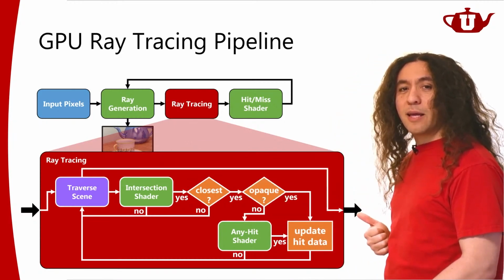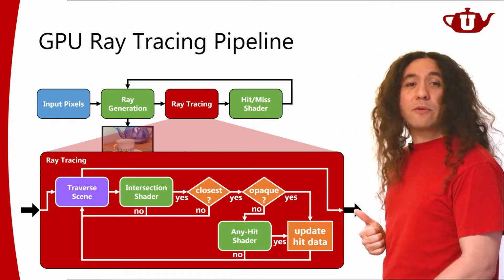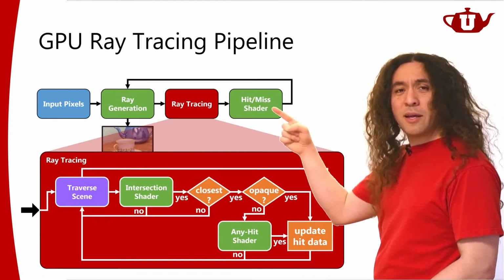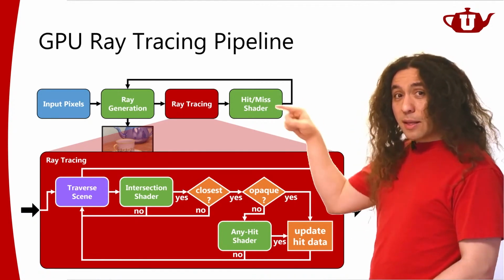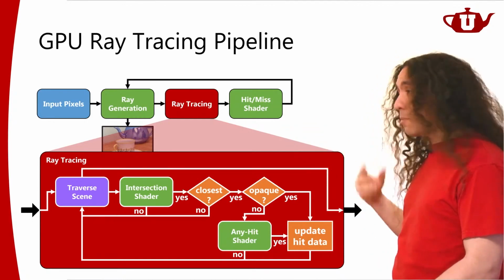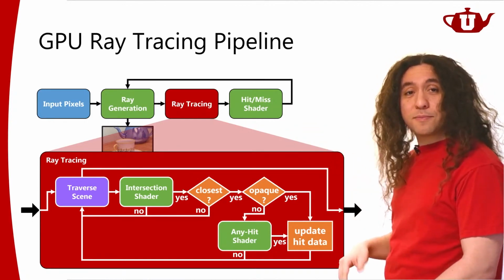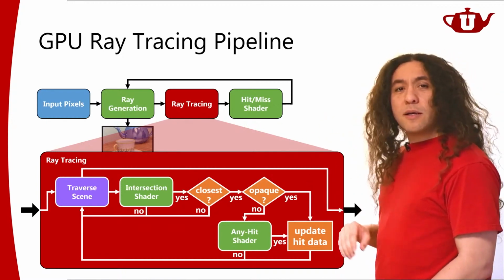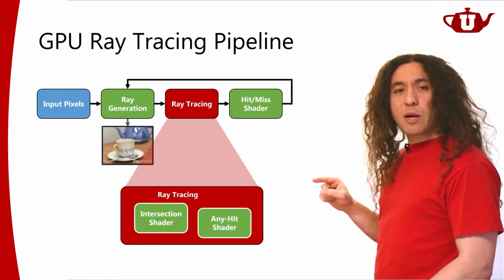So this is the hit that we found, that is if we found a hit. That's why I'm calling it hit or miss shader. Because maybe I found a hit with an object, maybe I didn't find anything, maybe it was a miss, right? So basically in this ray tracing box, I have two programmable shaders here.